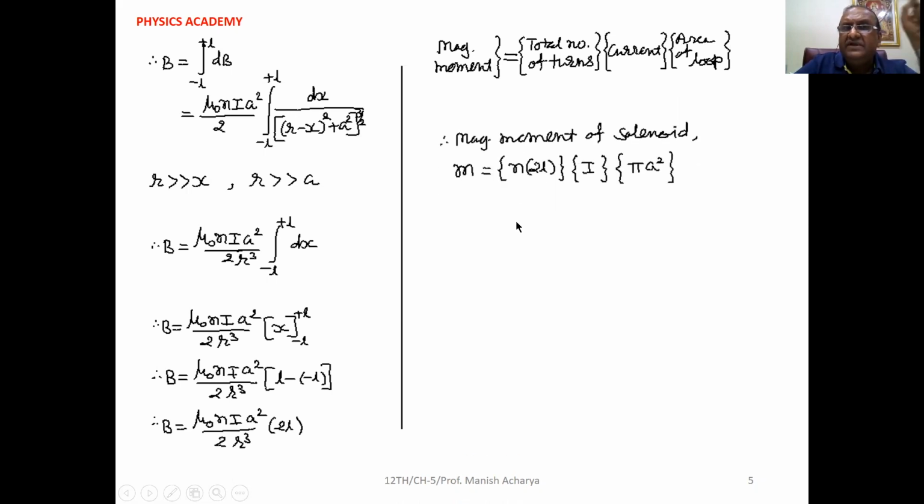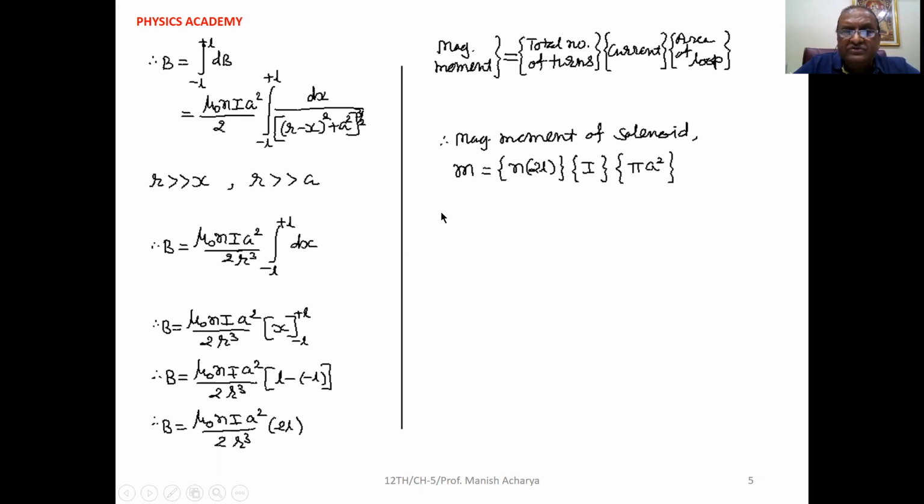Now here, the total number of turns in the solenoid: small n is the number of turns per unit length, and the total length of the solenoid is 2L. So n into 2L will give you the total number of turns in the solenoid. Then the current passed is I. Cross-sectional area is pi a square.